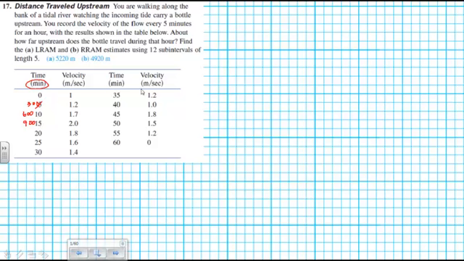When we do the LRAM, the estimation of the area under the curve based on the left hand side, we're going to see that the first rectangle is the one that has the interval from 0 to 300. Now that rectangle is 300 wide, and which of these two values are we going to use?